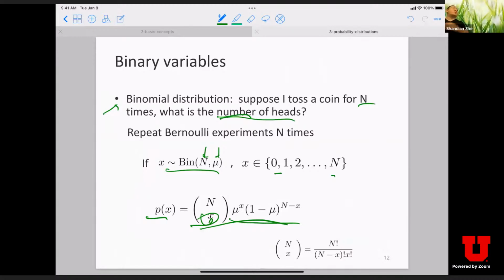You need to count how many different experiments, among all n experiments, result in the same x times that you observe 1. That's why we use this combination number. This is the definition of the combination number. Does it make sense? Everyone has seen this before.